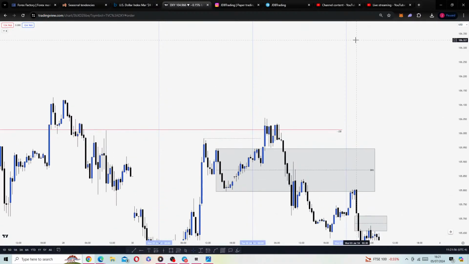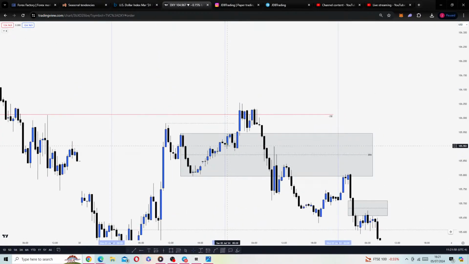When price opens, we've manipulated higher into a high time frame PD array. Price has reacted here and created the high in the London kill zone, which is 2 to 4. This is what I work with, for example.